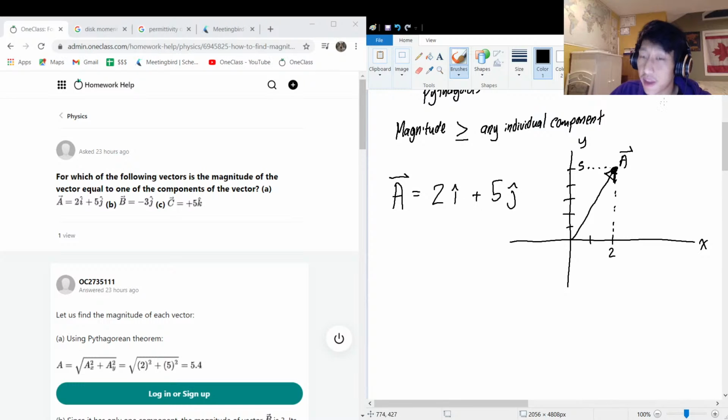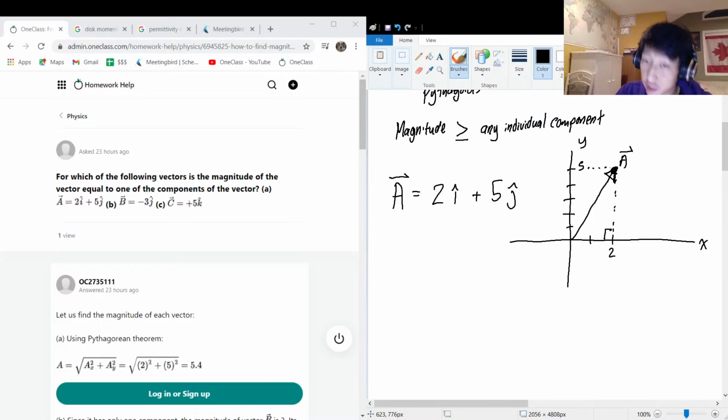So if we wanted to find the magnitude of A, pretty much just the length of that arrow A, in this situation it should be fairly obvious that we have a right angle triangle. Its height is 5. Its side length is 2.